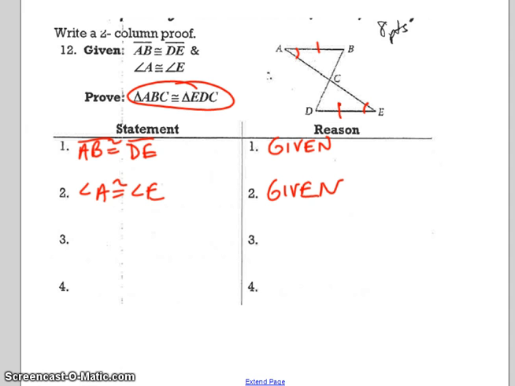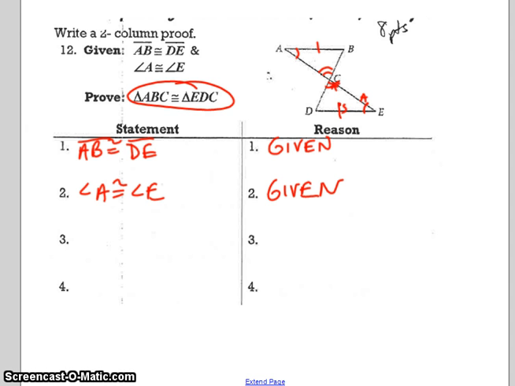What else do we know here by looking at the picture? Well, we have vertical angles. If we have vertical angles here, that might help us with angle, side.